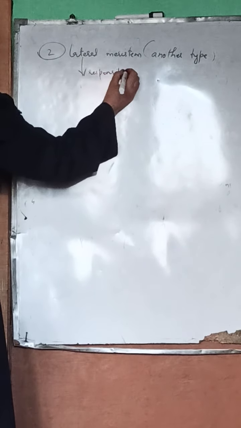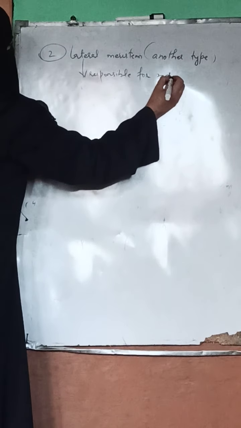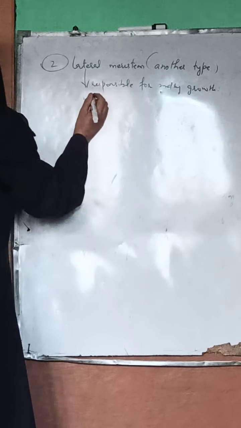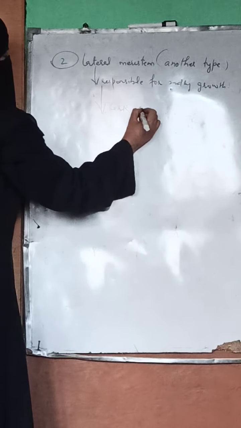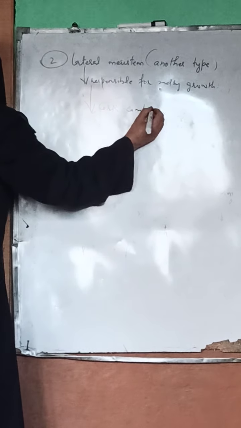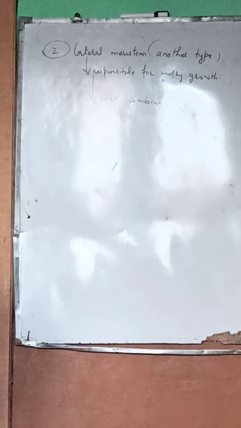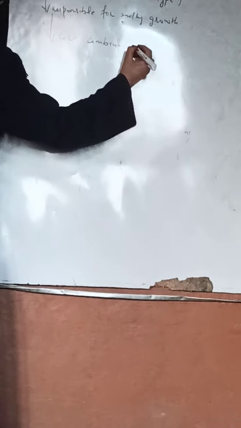It is called cork cambium, and this cork cambium is also called phellogen.